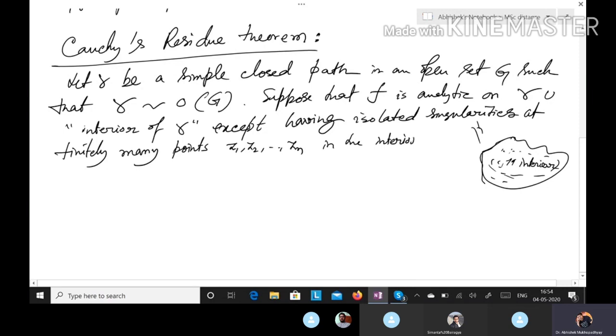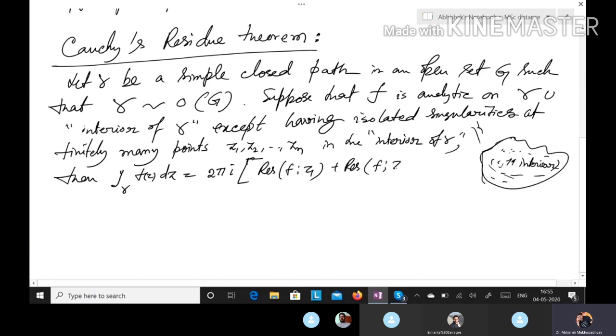That is, these singularities lie in the interior part of gamma, not on the trace. Then the integral over gamma of f(z) dz has the value 2 pi i multiplied by the sum of the residue of f at z1, residue of f at z2, plus ... plus residue of f at zn.